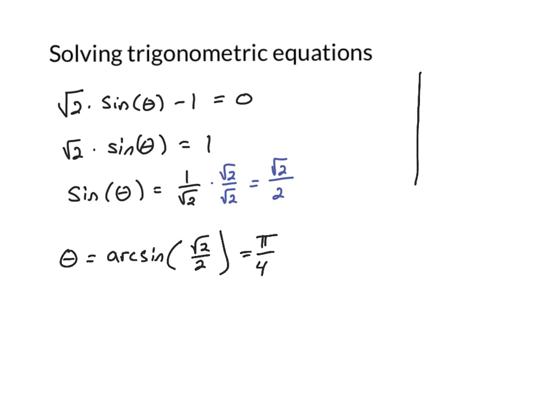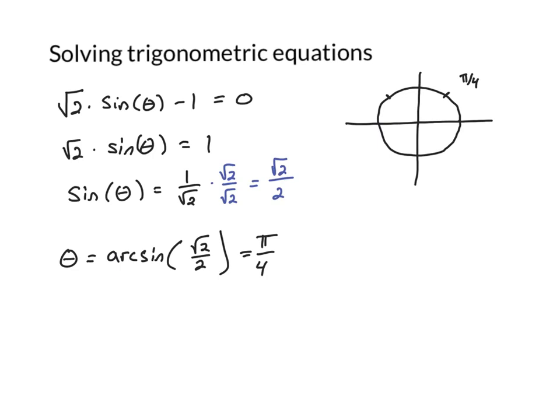I often like to go back to the unit circle and think about it this way. Pi over 4 is over here. If I plug this in, I'm going to get a y-coordinate of the square root of 2 over 2. And I know that sine is also positive over here in quadrant 2.